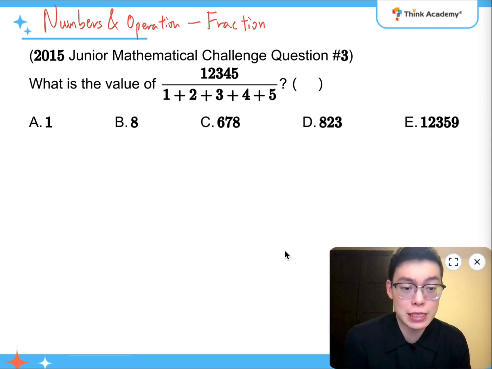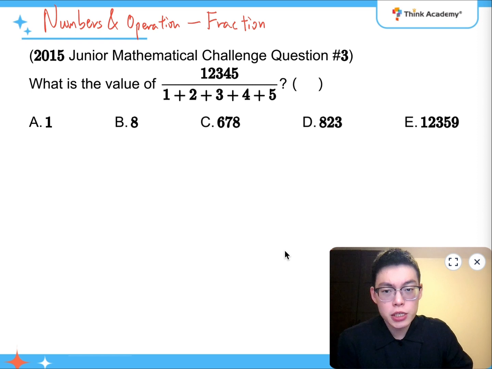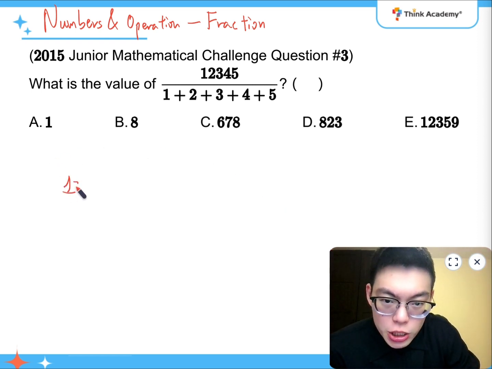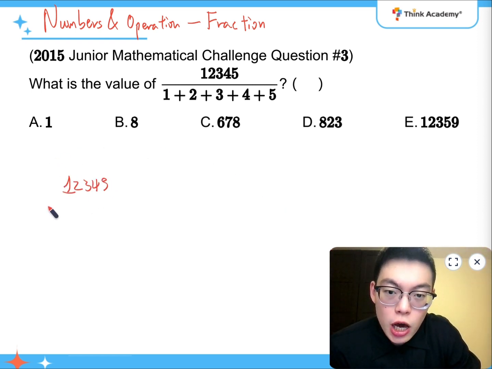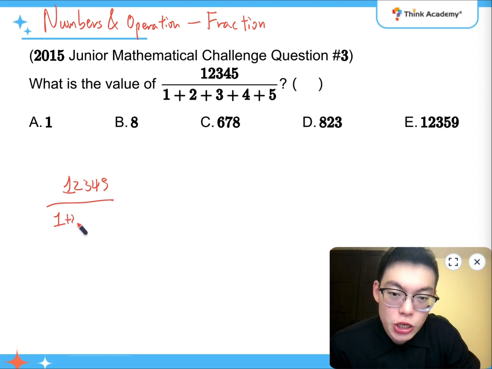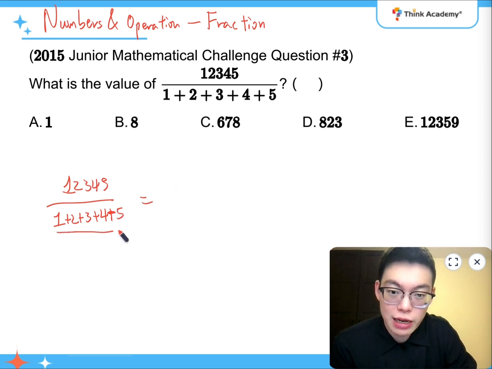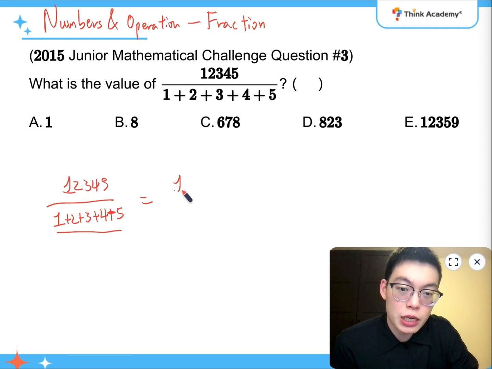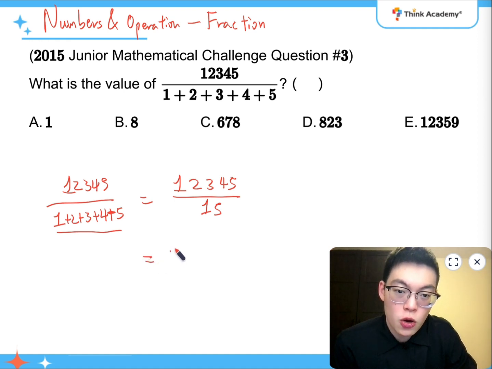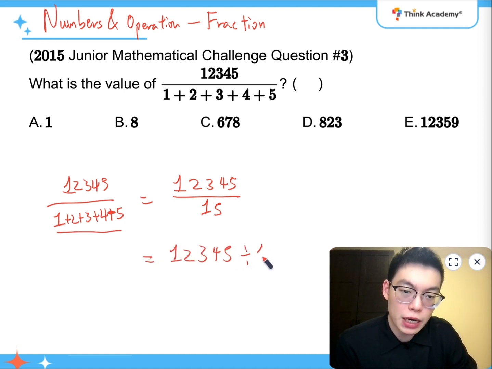So we have 1, 2, 3, 4, 5 over 1 adding 2, adding 3, adding 4, adding 5. And that's going to be equal to, if you're just calculating this part, 1, 2, 3, 4, 5 over 15, which means that it is 1, 2, 3, 4, 5 divided by 15.